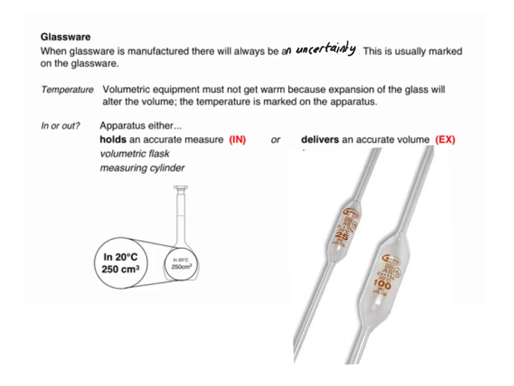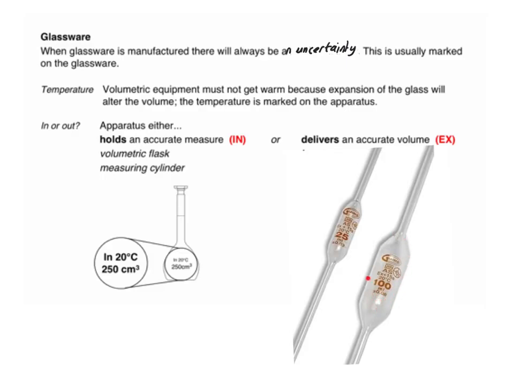Now here are two pieces of glassware. These are pipettes. This pipette here has a greater uncertainty than this pipette here. This is called a grade A pipette. And again, at 20 degrees Celsius, this pipette here would deliver 100 centimetres cubed. The uncertainty of this apparatus is plus or minus 0.08.